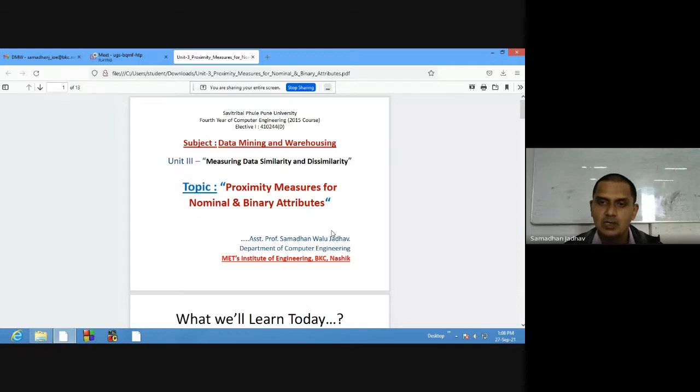So these are all examples of features or attributes of the objects.